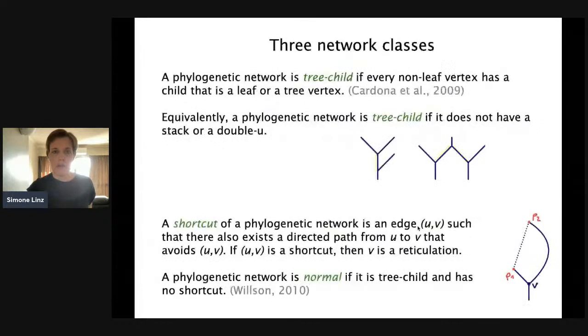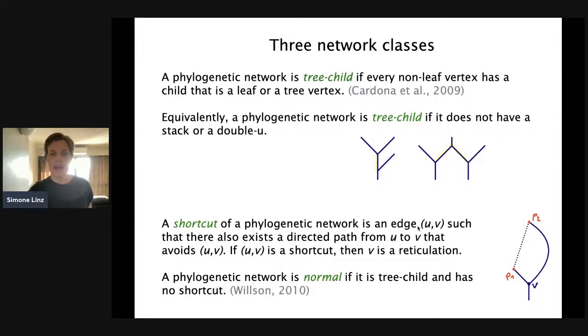So let me talk about 3 network classes now. As I said before, the whole space of all phylogenetic networks is infinite. Therefore, because it is often computationally very intractable, we use several network classes in our analysis.